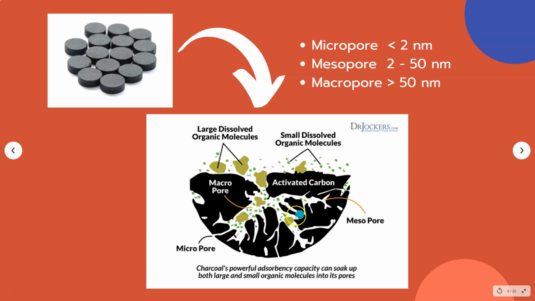In the activated carbon, you have the macropore, and then going into a mesopore, a little bit smaller. Then we have micropore, which are a lot smaller compared to the other two.